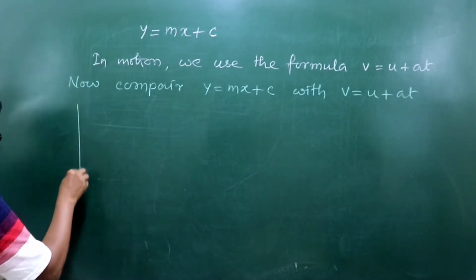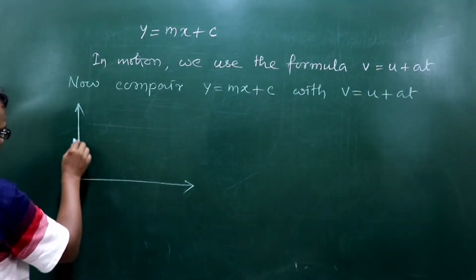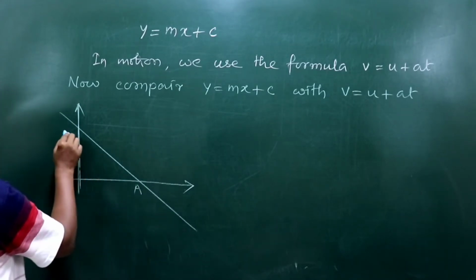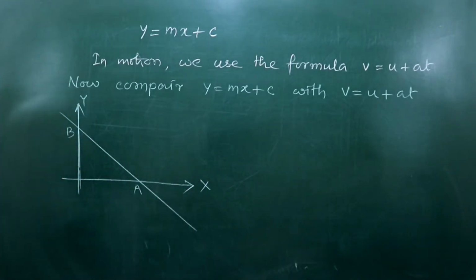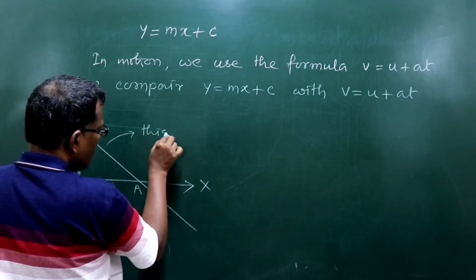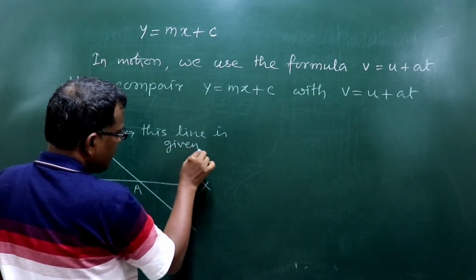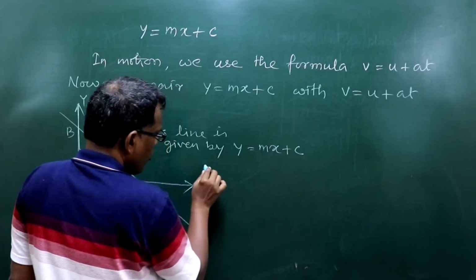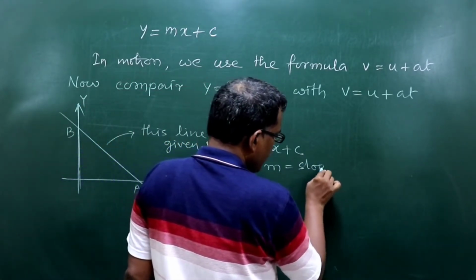When I draw y is equal to mx plus c, if this is a line cutting x-axis at A and y-axis at B, where m is equal to slope of the line.